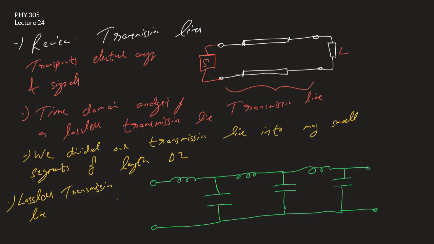For example, this length was delta z, and so in one delta z, you capture an inductance of L delta z and a capacitance of C delta z, and you apply a voltage signal V of z,t along these terminals, and that signal then propagates to the right or to the left, whichever way the signal is propagating. So this was the transmission line model.